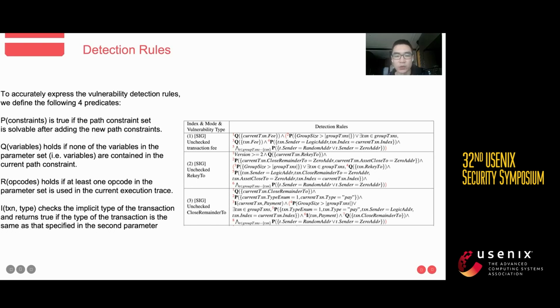Predicate R is true when the current execution trace uses at least one opcode from the parameter set. And finally, the predicate I is used to check the implicit type of a transaction. The detection rules are complex, and here I only show the detection rules for a few vulnerabilities.